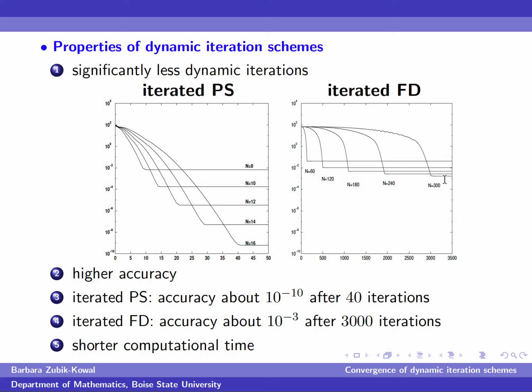This is about 10 to the power of minus 3, and this accuracy was obtained after 3,000 iterations. Here we observe such a comparison between 40 and 3000 iterations, which is a huge difference. And now the goal is to investigate the reason why we get such a huge difference in the numbers of iterations in these two cases.